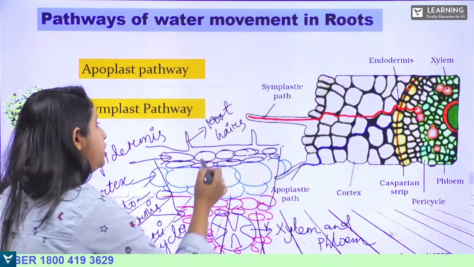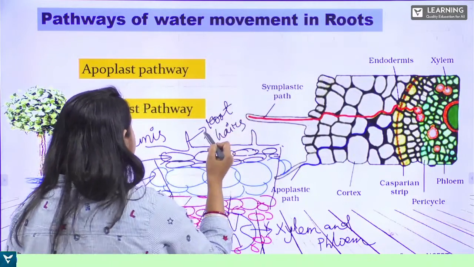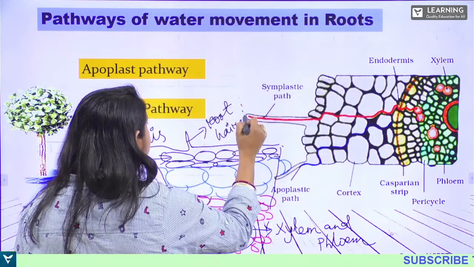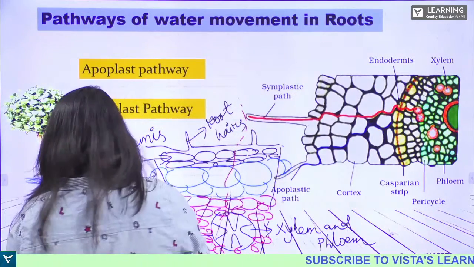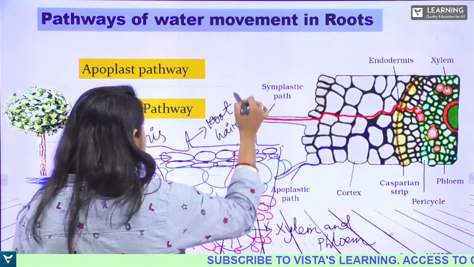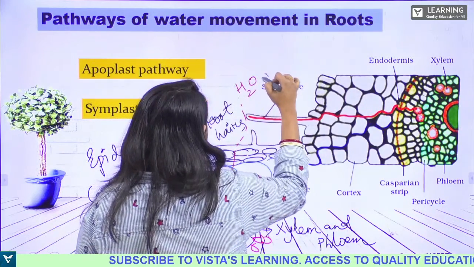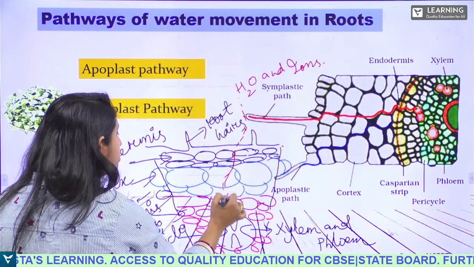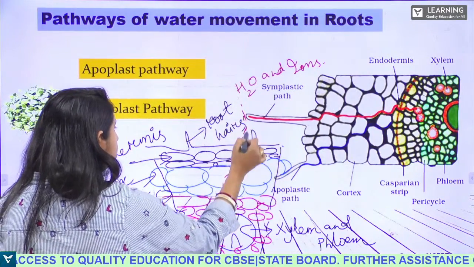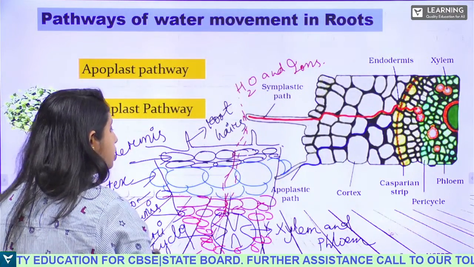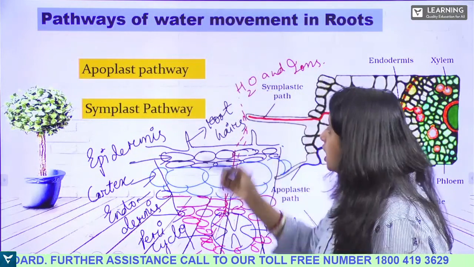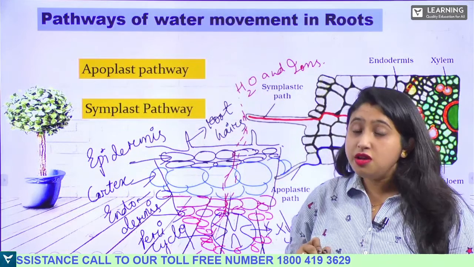Now from the root hairs, the water needs to be moved. The water molecules and ions will be moving through these pathways, and there are two pathways. One is the Apoplast pathway and another is the Symplast pathway.